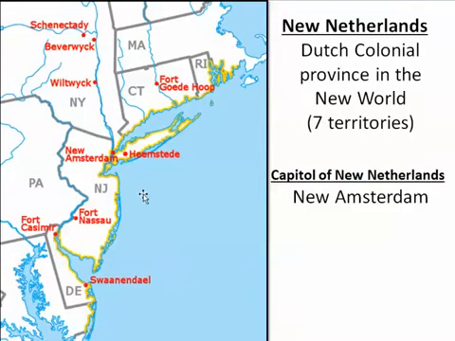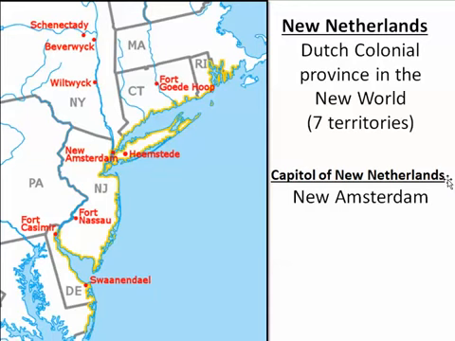And they establish, over where New York City is today, 7 territories in this huge Dutch colonial province known as New Netherland. And there's 7 territories: Schenectady, Beverwyck, Wiltwyck, New Amsterdam was one, Heemstede, Fort Nassau, Swannendael, and a couple of these forts over here.